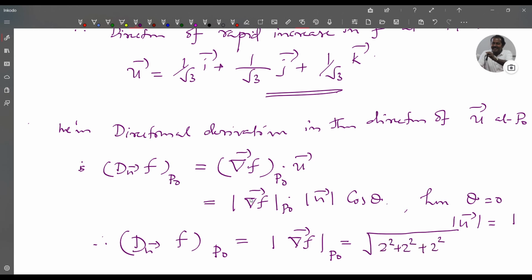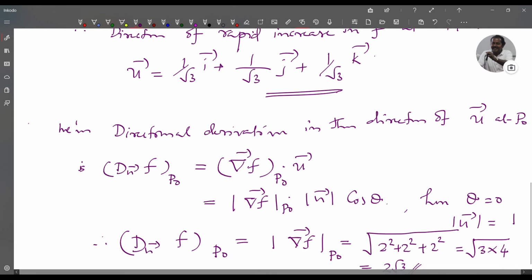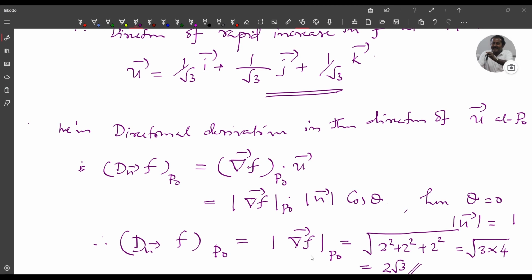So this is square root of 3 into 4. This is 2 root 3. So this is the directional derivative in the direction of maximum rate of change of f at p naught.